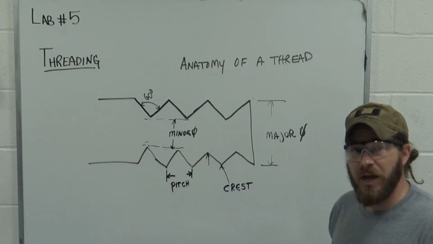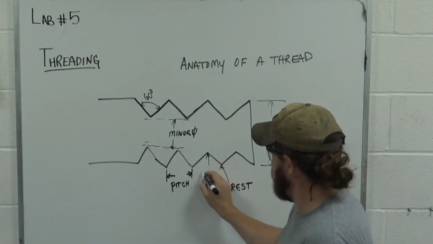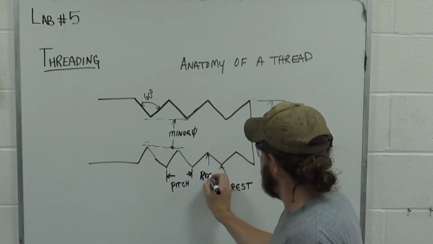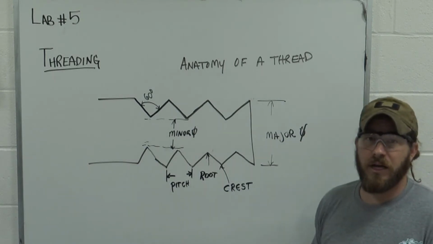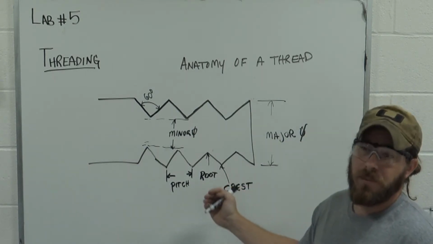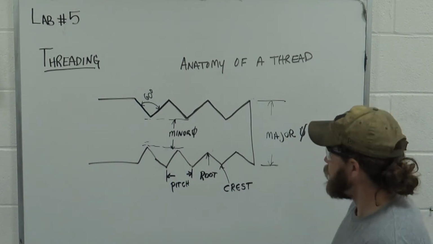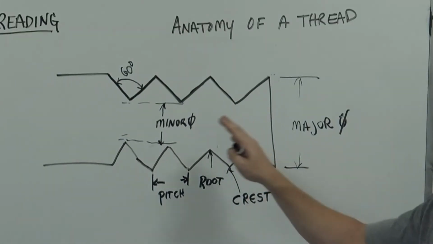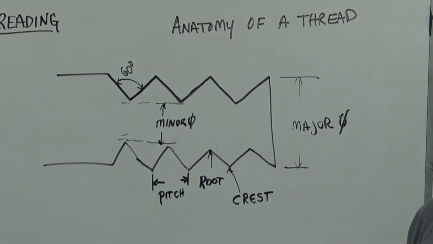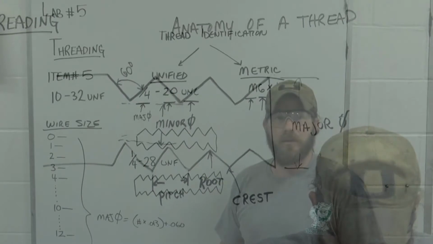The bottom of the thread is called the root. Alright, so we have a crest of the thread and the root of the thread. That is all you really need to know for terminology in the anatomy of the thread.